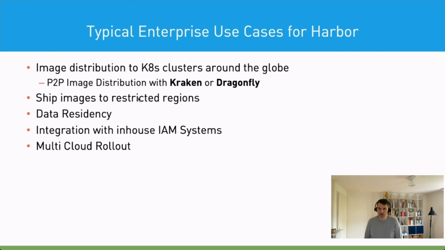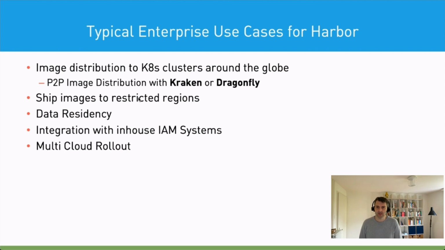This is something for organizations that roll out applications globally. And people use Harbor to ship images to restricted regions. If you have a region like a government cloud or a China region, or some restricted region where you cannot get data from other regions, people set up their own registry in this region, do a replication over VPN, for example, and make their container images accessible there.